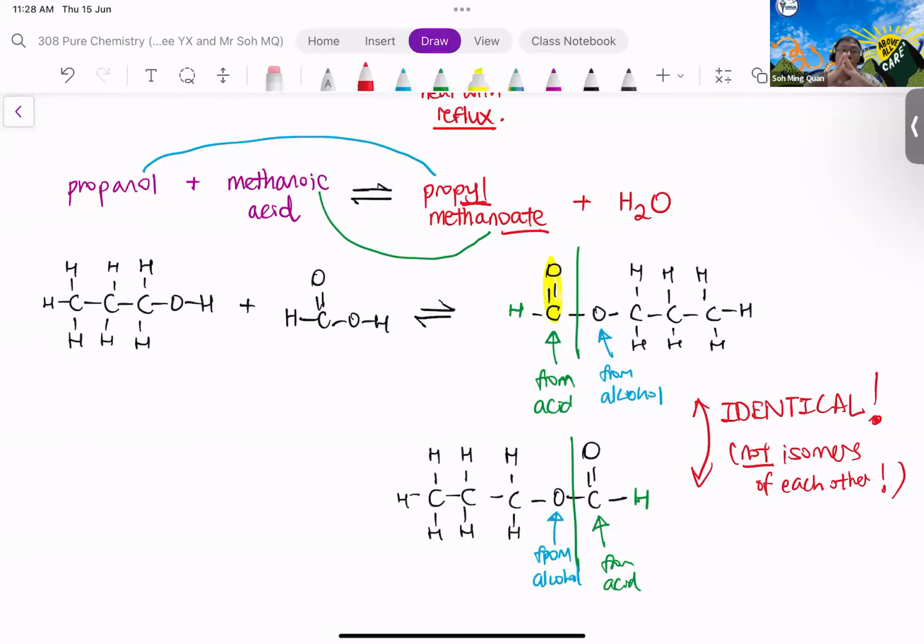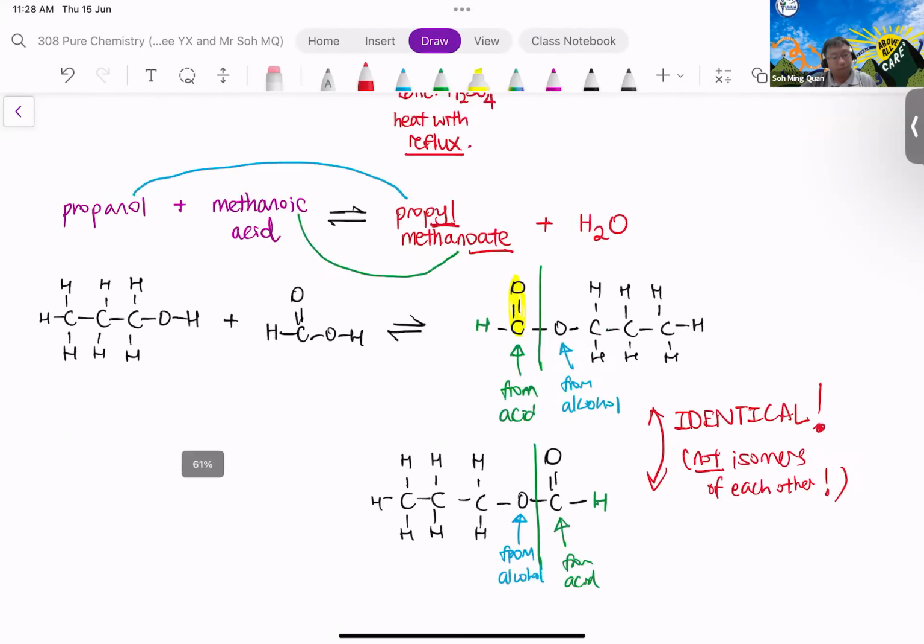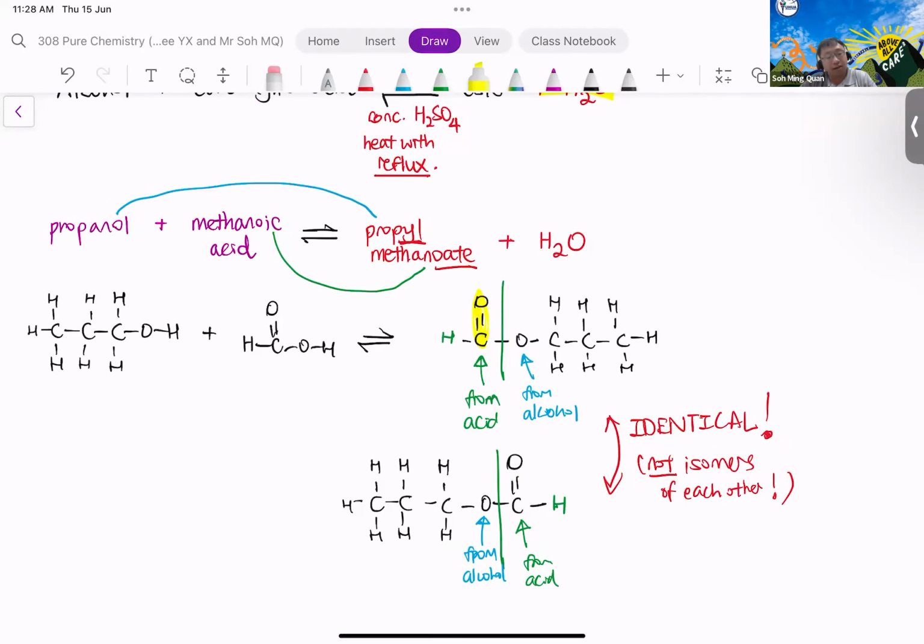Now that we have gone through how to name and draw the structures of esters, you must also know that if I give you the structure of the ester, you must be able to reverse engineer and work backwards to get the starting alcohol and carboxylic acid. Now, before we move on, just look at the formula of the ester and work out its molecular formula.